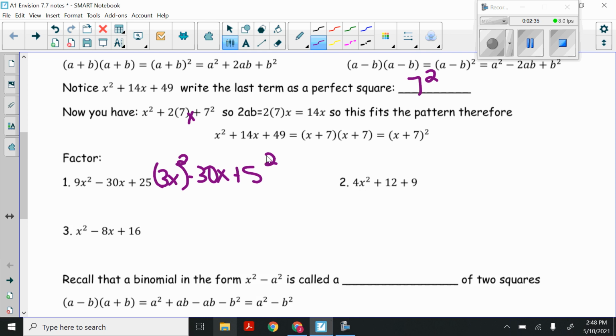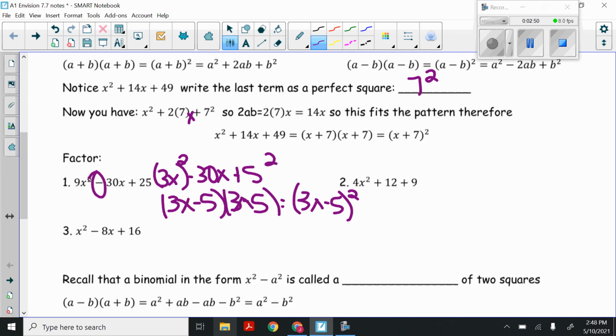So here, I could say this is the same thing as saying 3x minus 5, 3x minus 5, which is 3x minus 5 quantity squared. Remember that whatever this sign is, I will have that same sign in here. So this was a 3x minus.